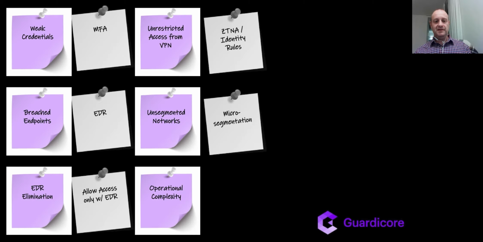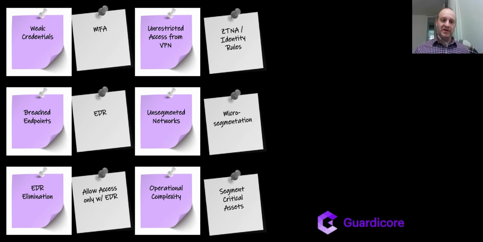Okay, so let me take a step back. So here's what we have now. We have a pretty advanced security model, right? Our users are connecting through multi-factor authentication with an EDR to the network, where the access to the network is restricted through the identity, either by a ZTNA solution or a well-configured VPN access.